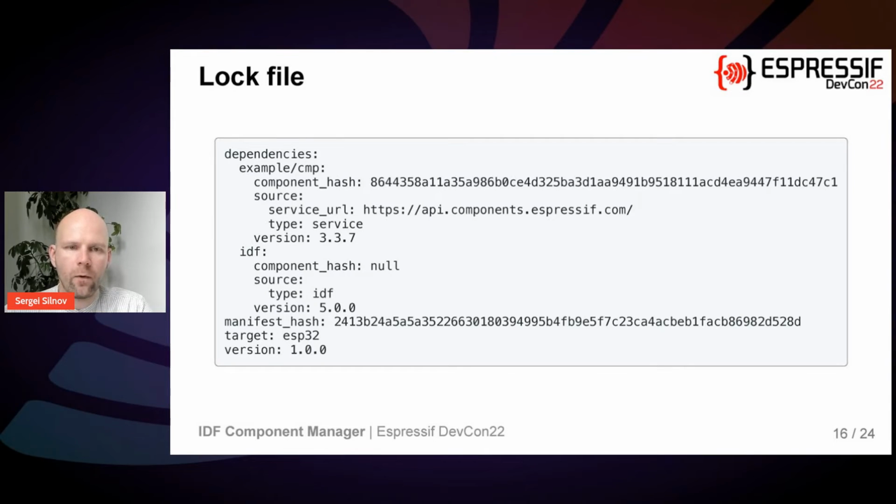It's a hash sum of all manifests of all components in your project. This number is used to make sure that your log file will never be updated once your requirements are solved. Only when you add new dependencies or modify versions, Component Manager will run again, but it won't rerun if you just rebuild your project.